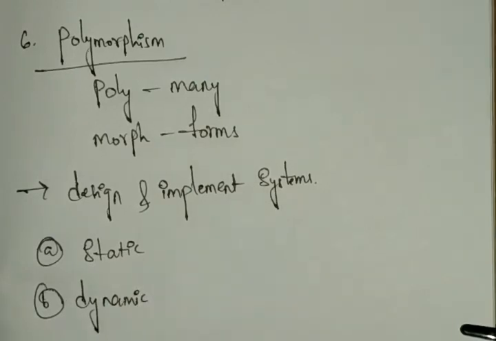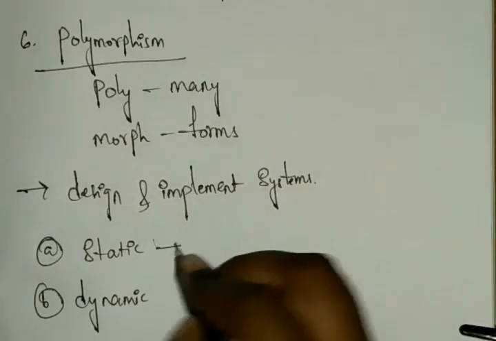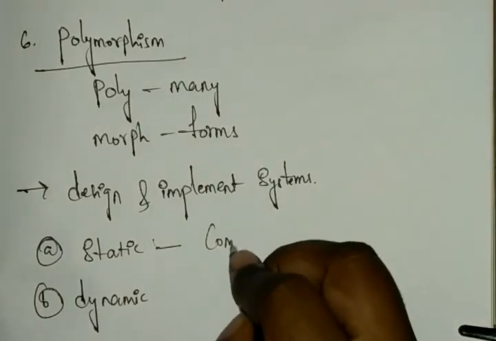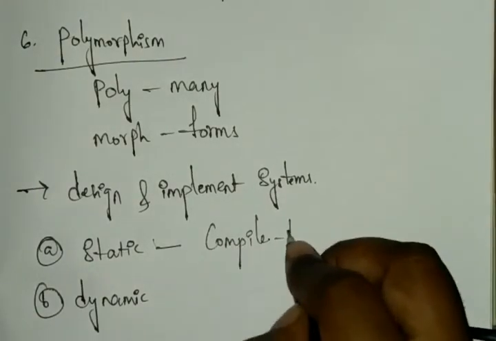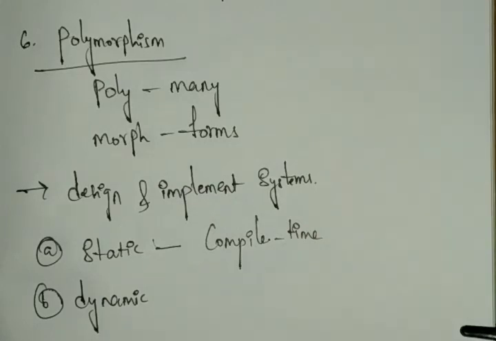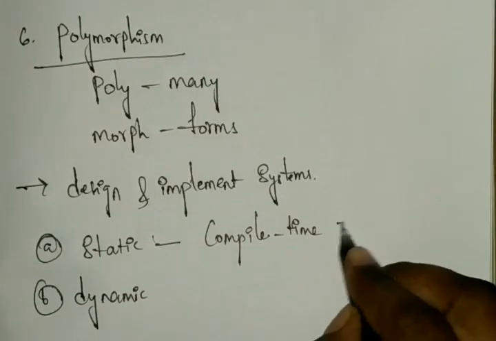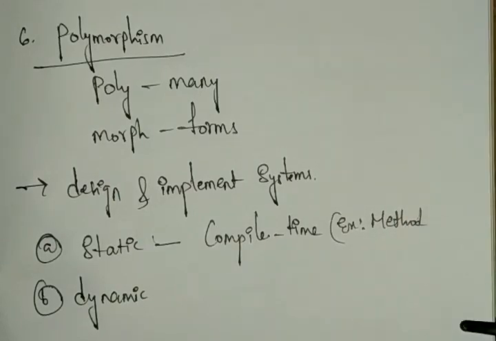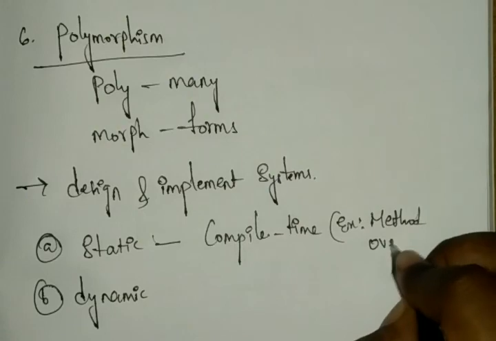If you are performing static polymorphism, it is performed at compile time. Whatever you perform by static polymorphism is performed in the compile time process. The best example for static polymorphism is method overloading.